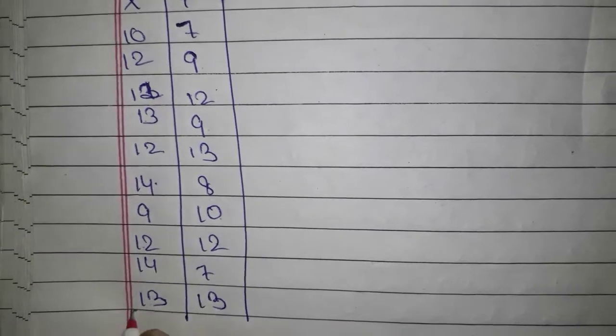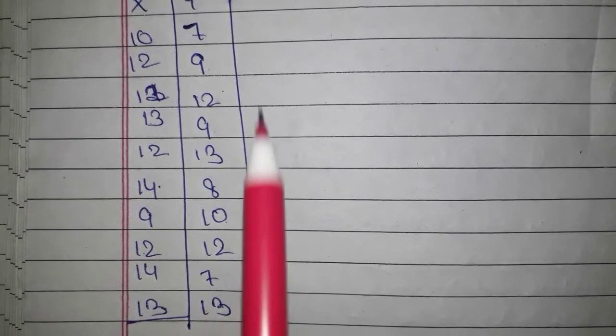N is the total number of observations and sigma x is the summation of x. The summation of x is 120 and the summation of y is 100. So first we are going to calculate the mean.